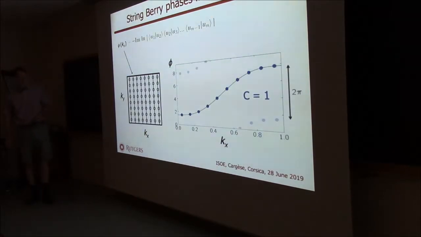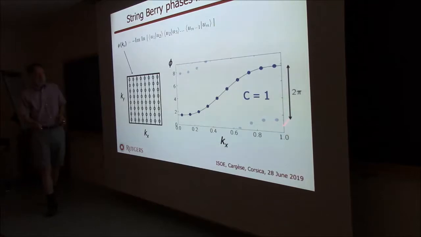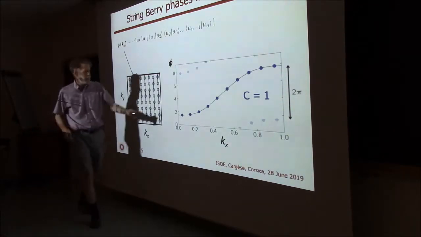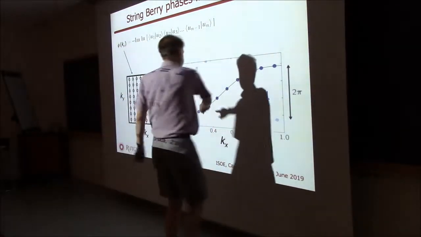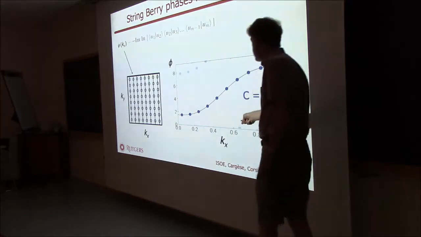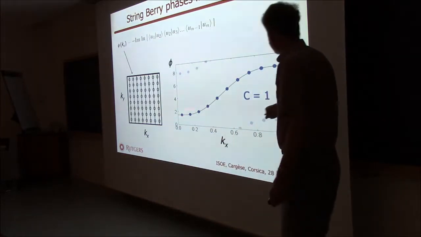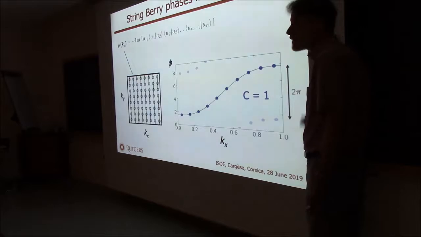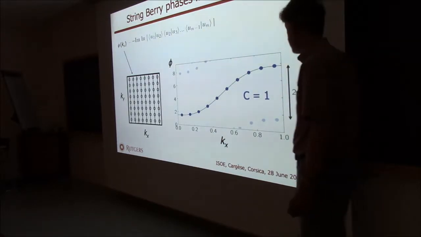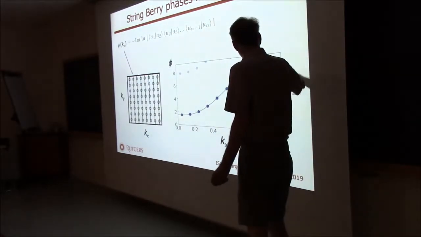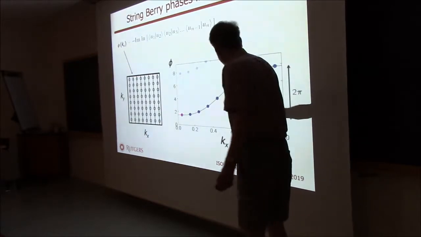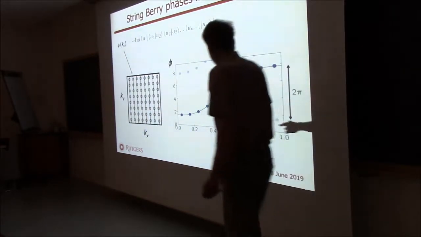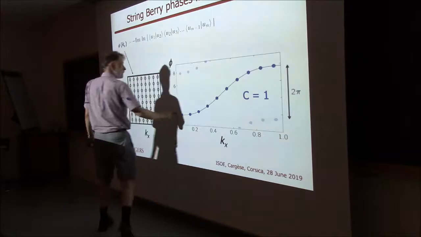Right? Well, yes and no. It usually comes back to itself, but you could have a situation where it does this. It maybe winds around a little more than what I've drawn, but in the process of going from the left side to the right side, it goes up by 2 pi. And that's okay because this Berry phase and that Berry phase are really the same thing. In fact, the Berry phase is really only well defined 2 pi by 2 pi.